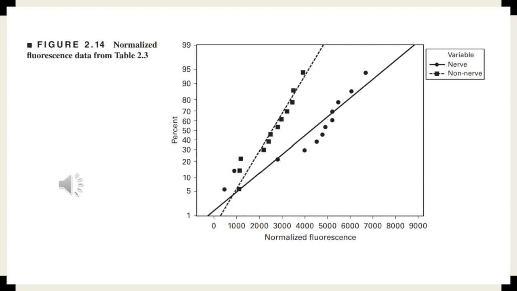The normal probability plot could also be used in comparing two sets of data. Here is an example from the book. In this experiment, we would like to test the hypothesis that the mean normalized fluorescence after 2 hours is greater for nerve tissue than for muscle tissue.